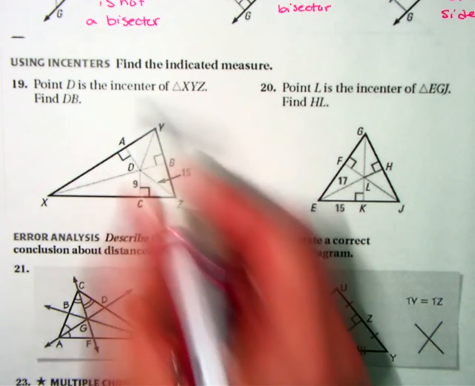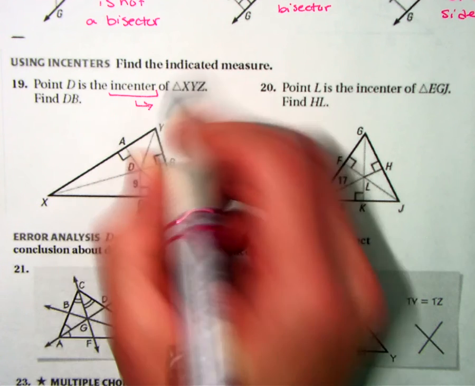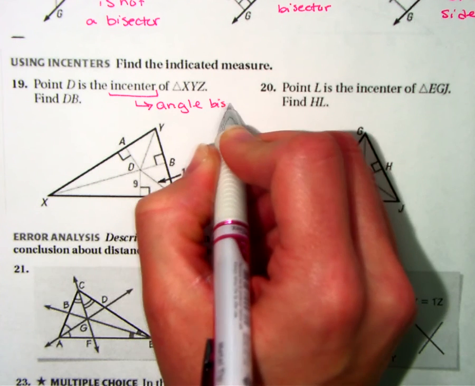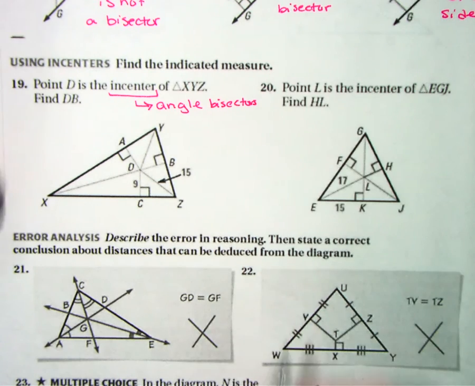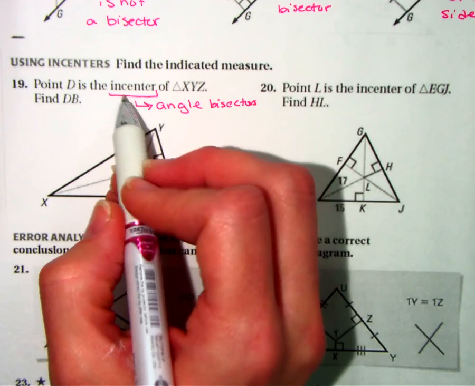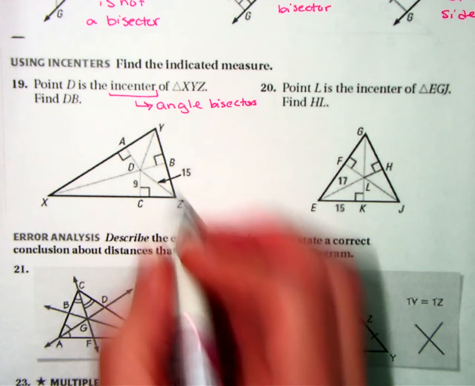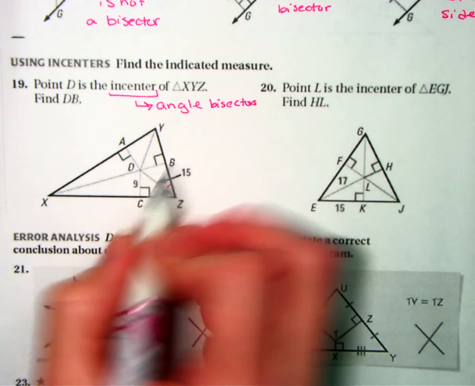If I know that point D is the in-center, then what I'm allowed to mark are the angle bisectors. You do not have to memorize that, because that's going to be on your theorem sheet. It'll say that the in-center is the point of concurrency for the angle bisectors, which means I can mark angle bisectors in the picture. I can also mark my reflexive.